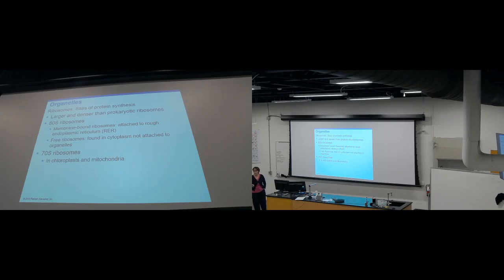And if you remember, S stands for Svedberg units, which is a unit of sedimentation when you are centrifuging a sample. A difference between the 80S ribosomes and the 70S ribosomes is that 80S are larger and denser than the prokaryotic ribosomes, which are 70S.